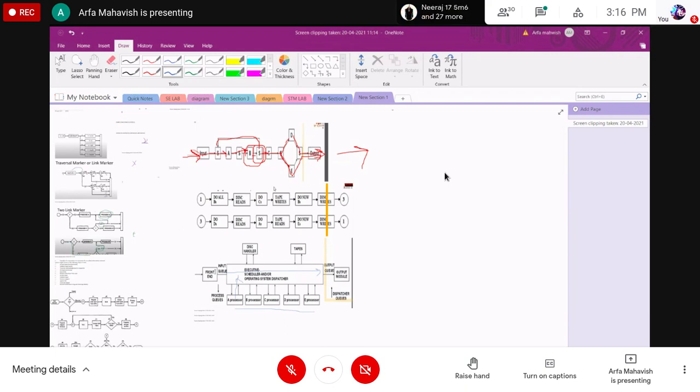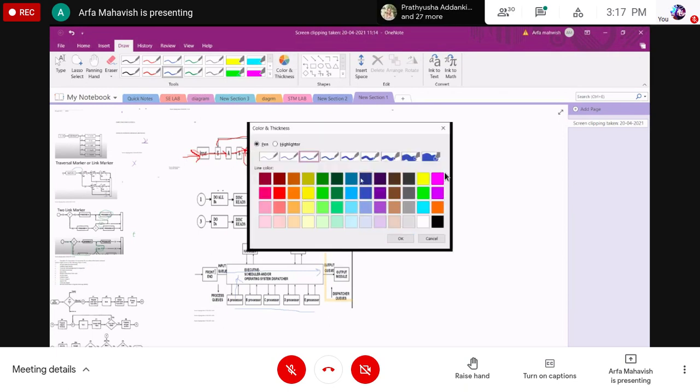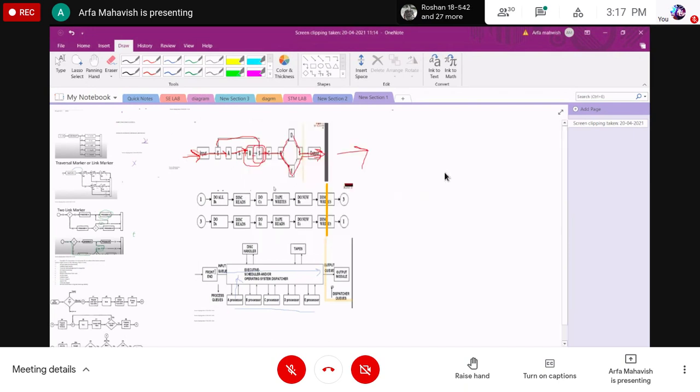So here, for example, I will give the example of an ATM system. In the ATM system, for example, this figure is your ATM machine.